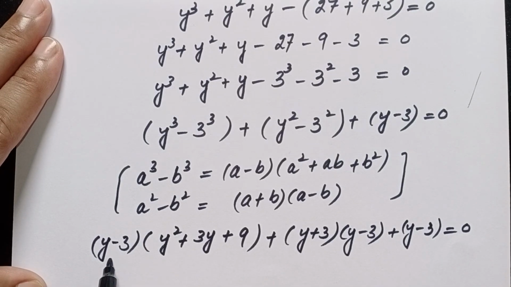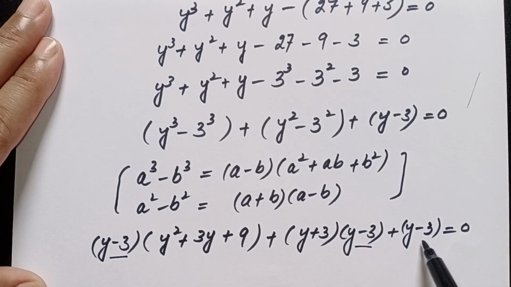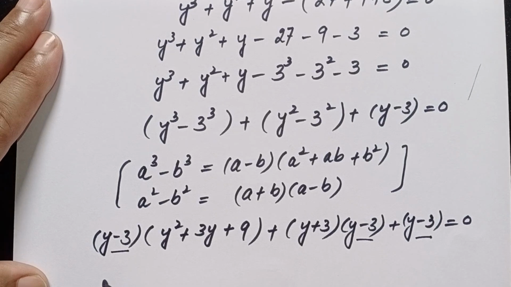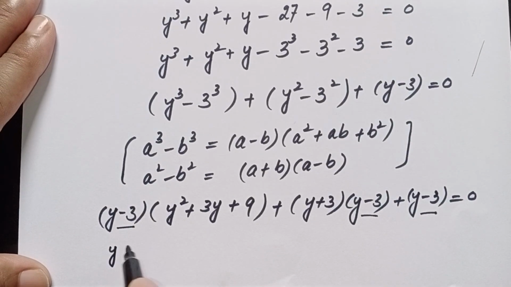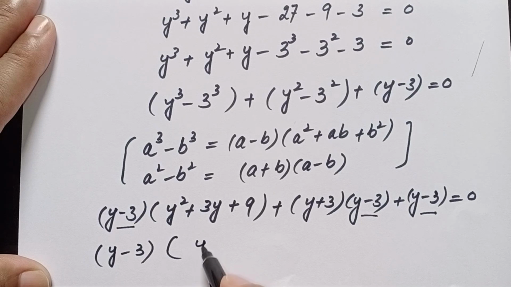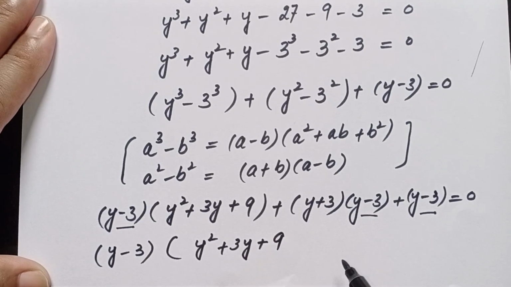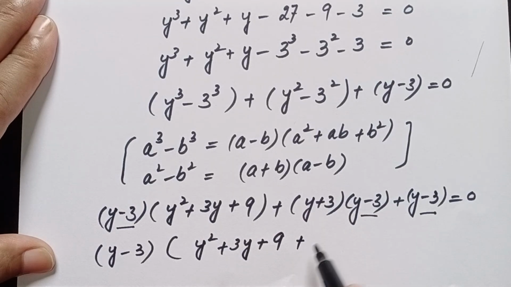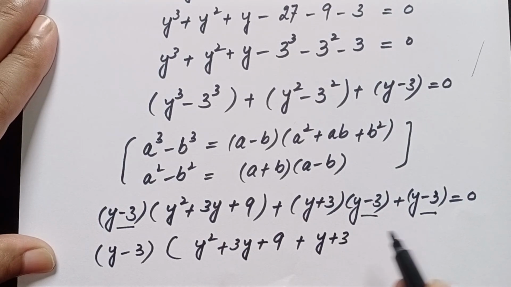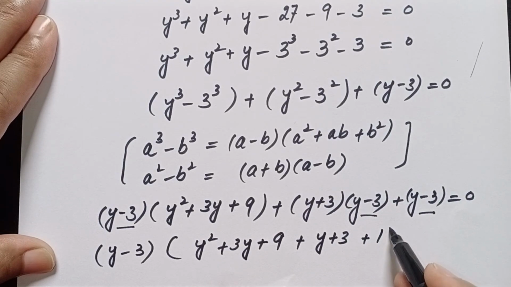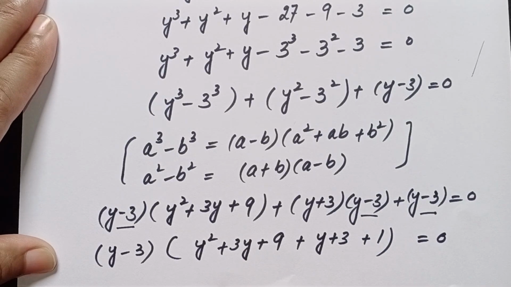So you can see in this expression we have y minus 3 in every term, so we can factor it out easily. Factoring it out, we are left with y square plus 3y plus 9, and here we will have y plus 3, and here we have 1, is equal to 0.